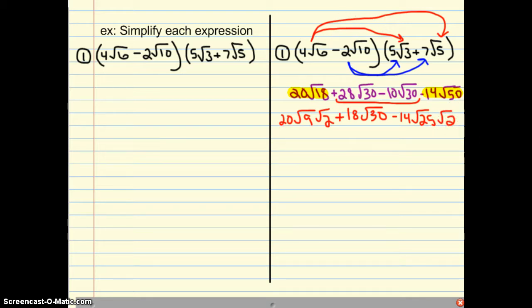And we can simplify this a bit further. 20 times 3 root 2. I'll leave that for later. And minus 14 times 5 root 2. And we will get 60 root 2, and we'll get minus 70 root 2.